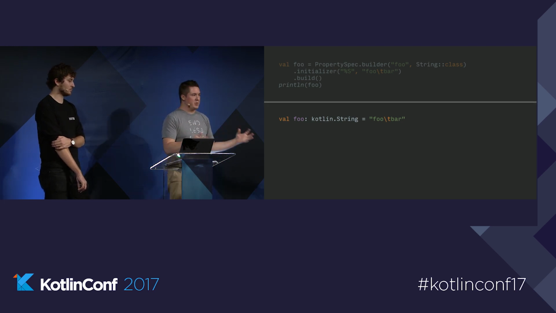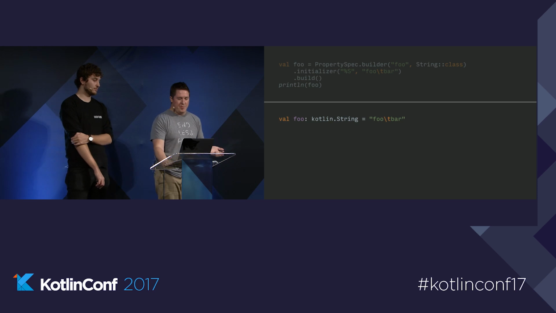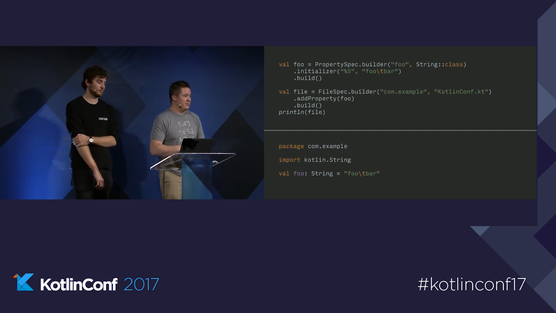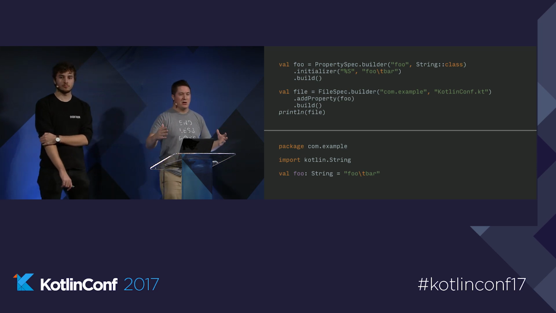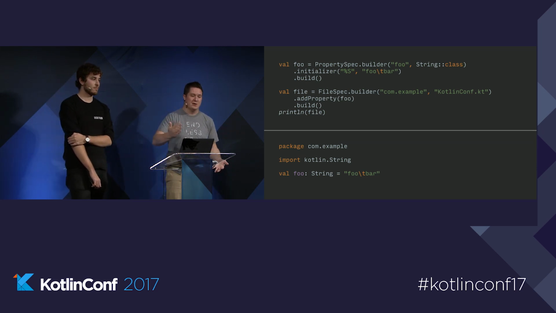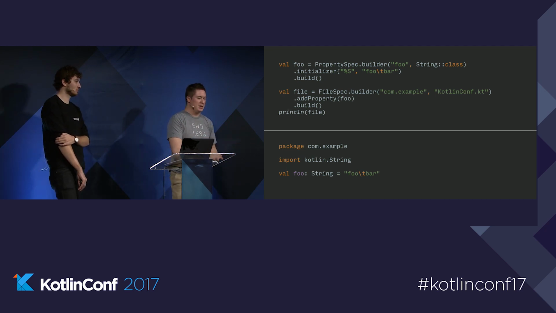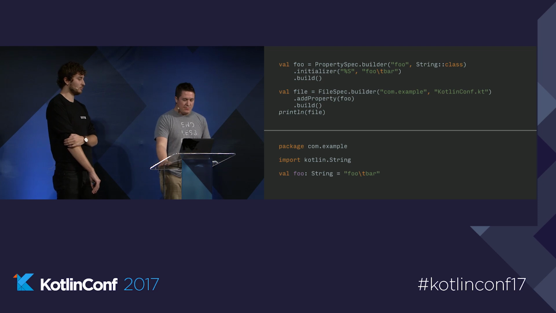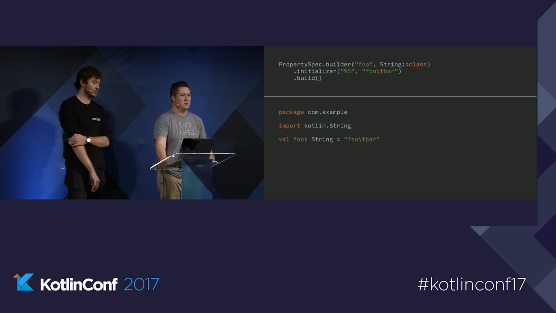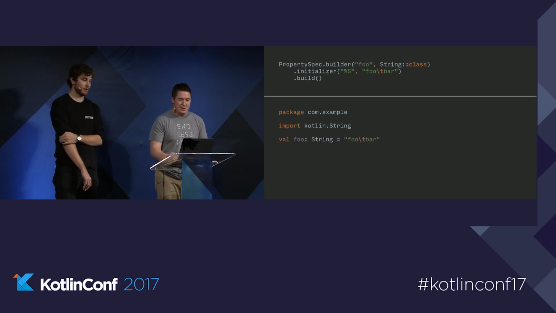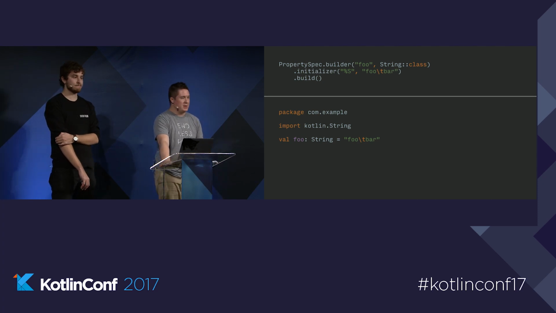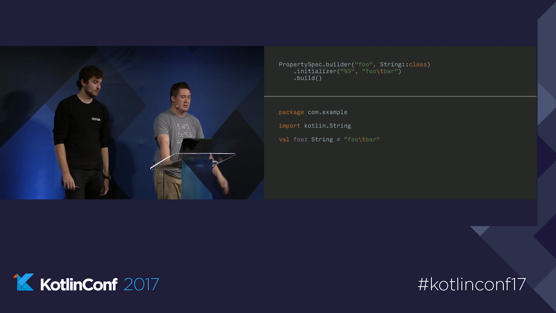And so the only way that imports actually get included in the output is if you wrap these objects into a FileSpec, which is the top level model object for representing a Kotlin file. And so in a file, there's a place for imports. And so once you actually wrap these types into the final FileSpec where they're all coalesced together, you get the automatic importing. And so for the rest of this section, I'm just going to assume that we're inside a FileSpec. But remember that you have to always be wrapping these types inside of one in order to get things like the imports.